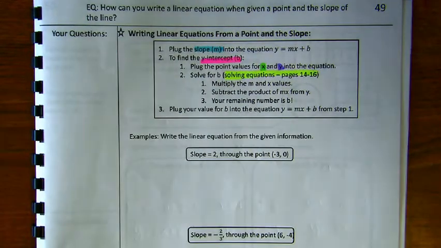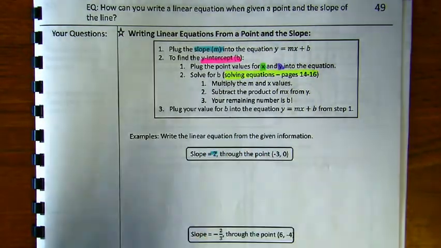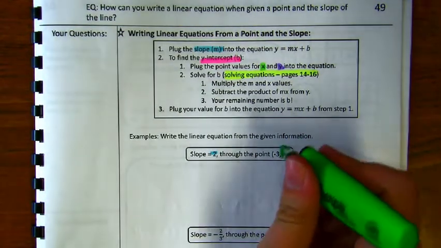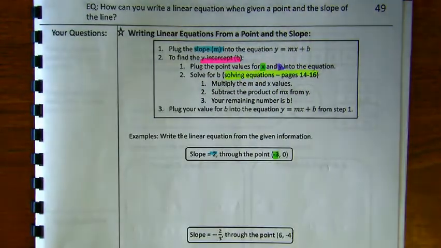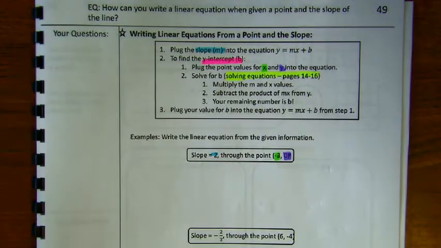In this example, we have a slope of 2, which I'm going to highlight in blue, and the point -3, 0. So -3 is our x value, so it's green, and 0 is purple because it is our y value.